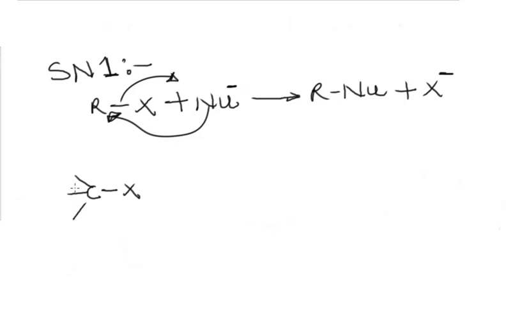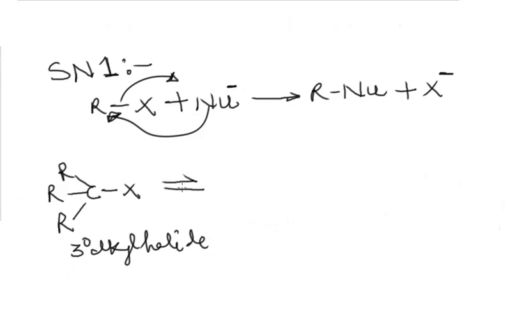Now we have three alkyl groups attached to the carbon atom, so it is known as a 3-degree alkyl halide. Now this one leaves from here.